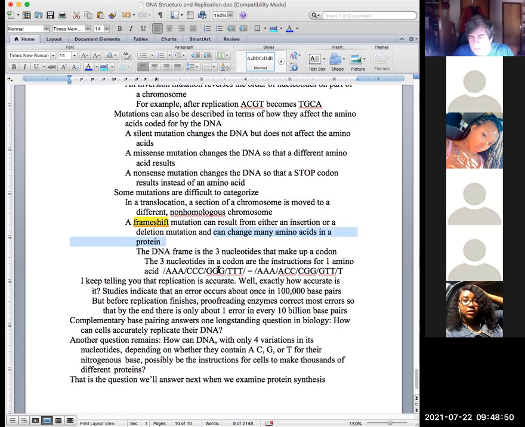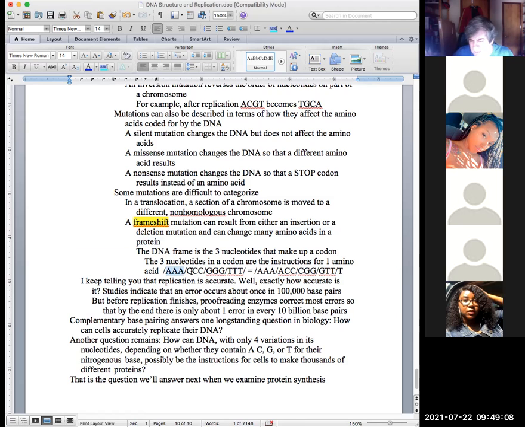So later when we talk about making proteins, we'll talk about this in more detail. But when the ribosome actually reads the messenger RNA, and the messenger RNA came from the DNA, the ribosome reads 3 nucleotides at a time.